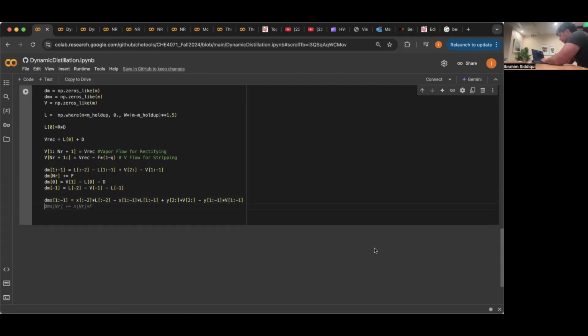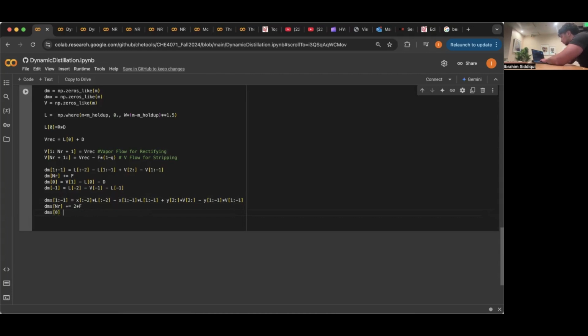And then again, we want to initialize this for NR that we did earlier. So DMX for NR will be similar to what we did for our feed, except we're going to be multiplying it by 2. So DMX NR is going to be plus equal to 2 times our feed. Okay, so that looks good. And then we can go ahead and initialize these values again for our 0 and -1.